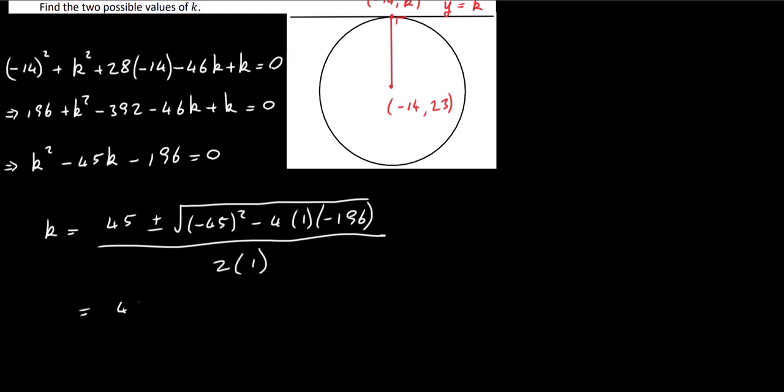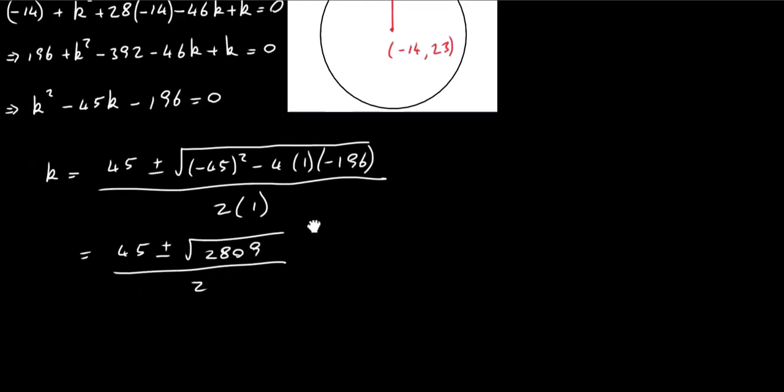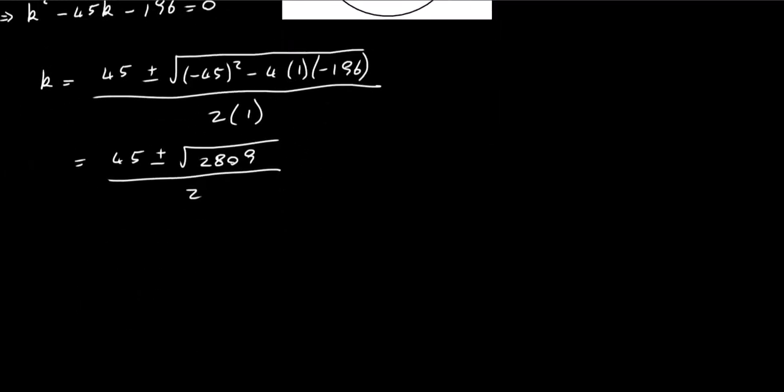So that's 45 plus or minus the square root over 2. If you do what's in the bracket there, you should get 2,809, and that'll give us our two answers. So you'll find that k is equal to 45 plus the square root of 2809 over 2. When you do that, you get 49. If you do 45 minus the square root of 2809 over 2, you'll get −4.